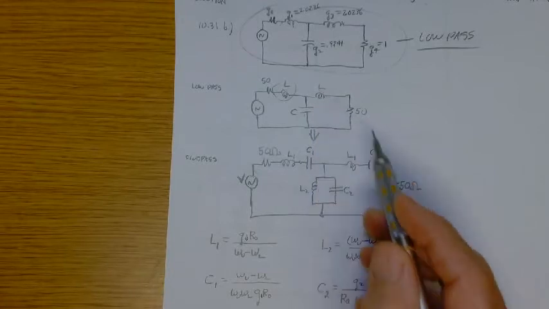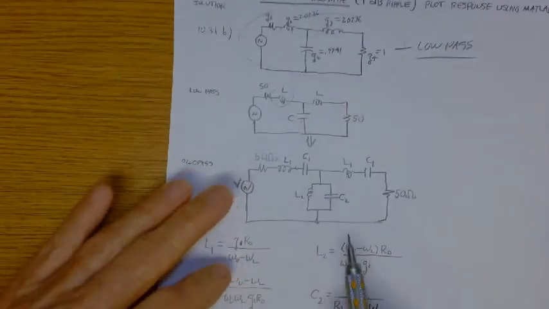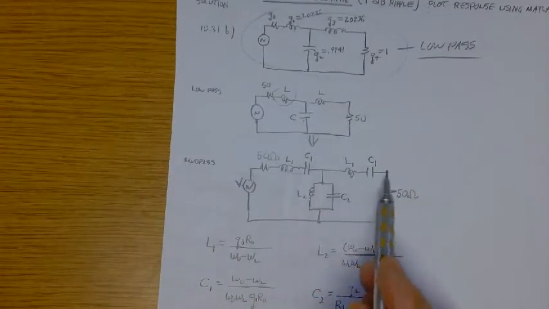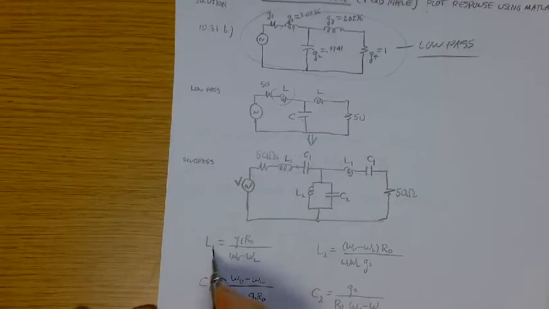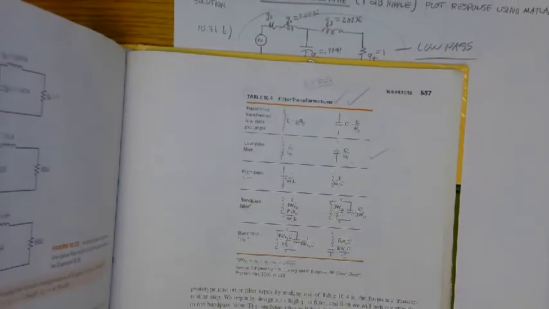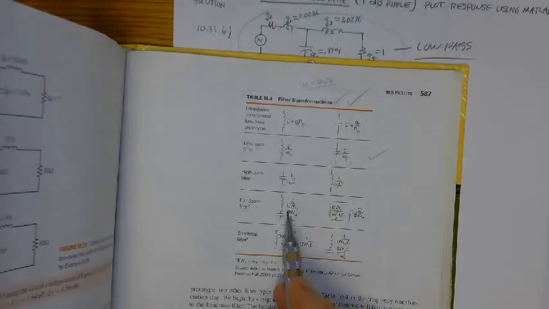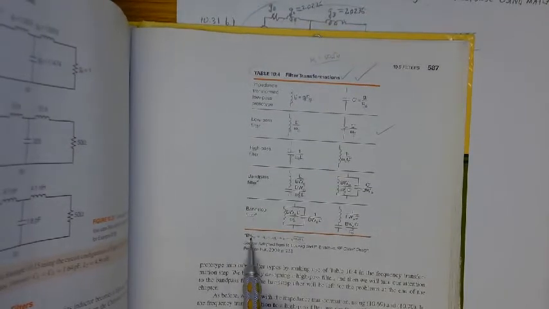This element's different. Okay, so again, according to the table, L1 is G1 times R naught over omega naught minus omega L. Where did that come from? Right here. L prime over the bandwidth, the radian bandwidth, omega upper minus omega lower, and then L prime is G1 times Z naught, so it's G1 times R naught.